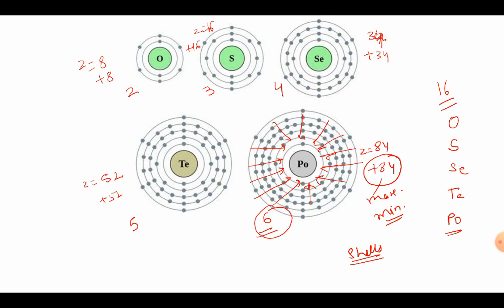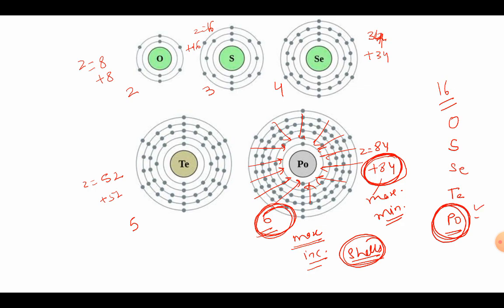So here we have the maximum number of shells, and because of it the size should increase. Now, out of the nuclear force of attraction and the shells, which one is the stronger factor over here? It is the shells, and ultimately the size will increase. So whose size is the largest or maximum in case of group 16 also? It is polonium.